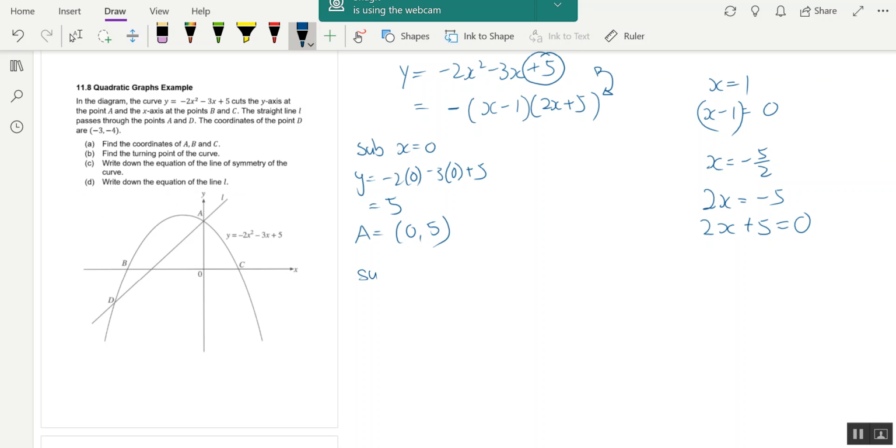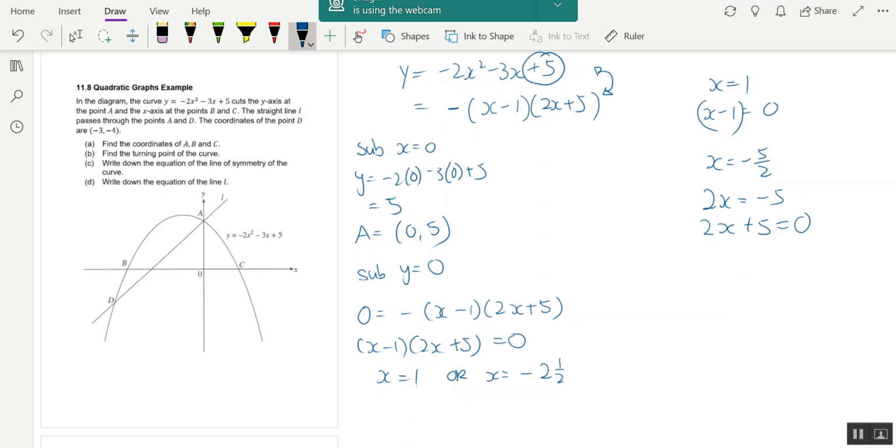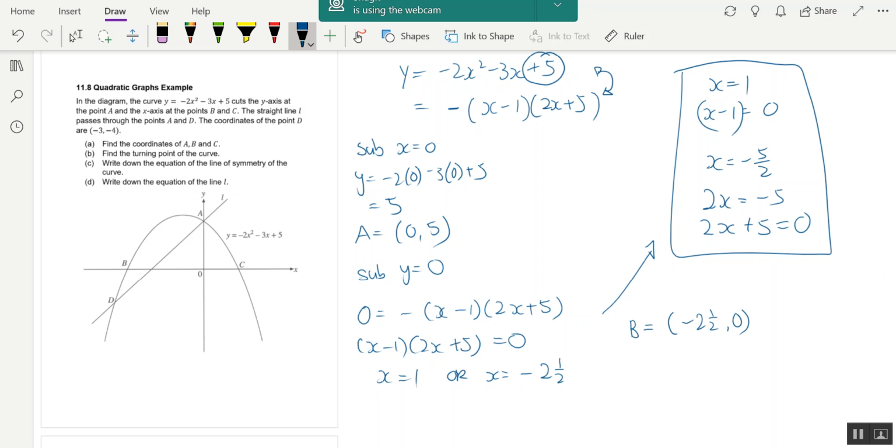X-intercept means sub y equals to 0. 0 equals to negative bracket x minus 1, 2x plus 5. In this case, we can remove the negative because there is a 0 on the other side. So which means x minus 1, 2x plus 5 equals to 0, x equals to 1, or x equals to negative 2.5, which tallies to what you have found using your mode 3 or mode 5. Okay, so B is equals to (negative 2.5, 0). For C, it is equals to (1, 0).